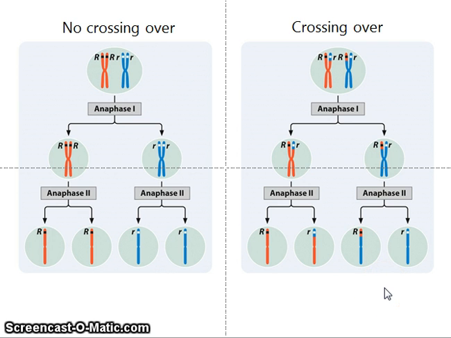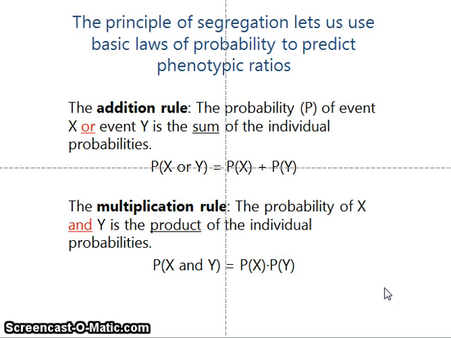All right, so if we have an equal probability of getting different alleles in different gametes, this means that we can use basic rules of probability to predict genotypic and phenotypic ratios. There are two important rules when it comes to calculating probability: the addition rule and the multiplication rule.